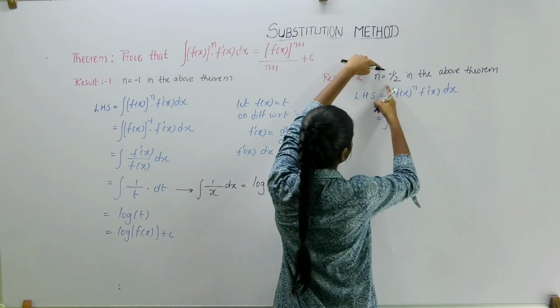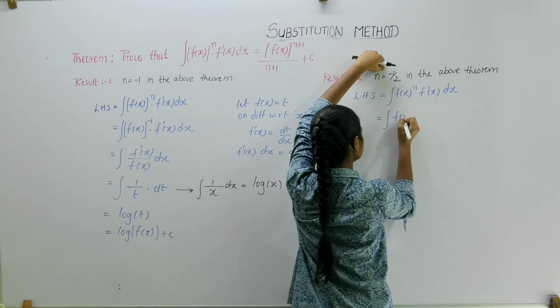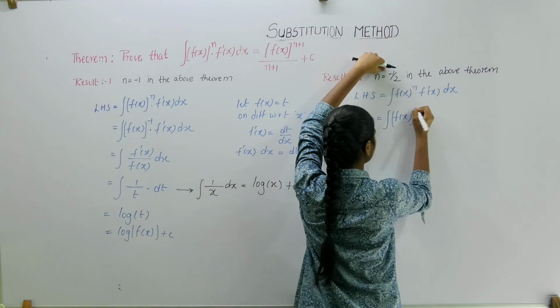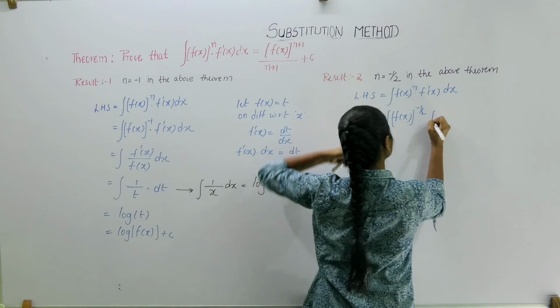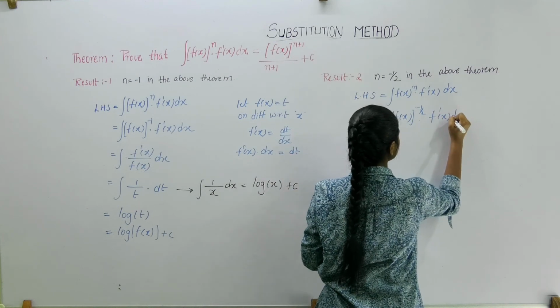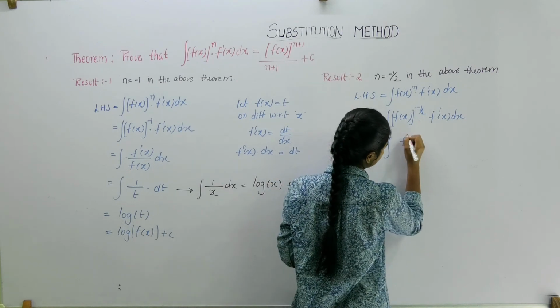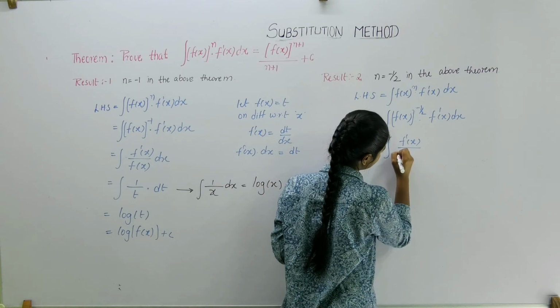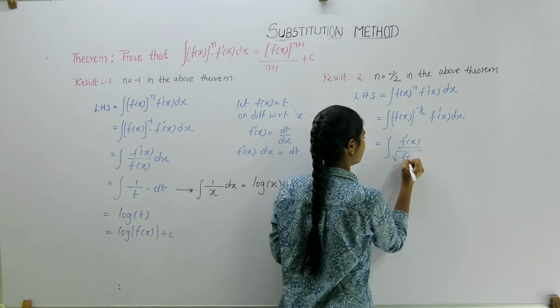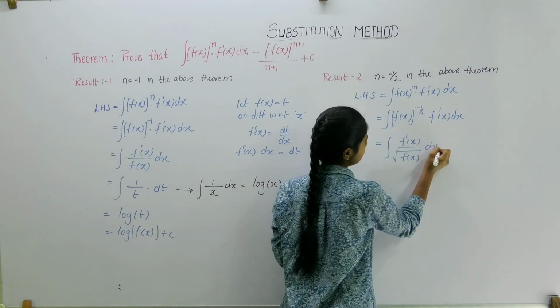Now if we put n is equals to minus 1 by 2, f of x whole power minus 1 by 2 into f dash of x dx, is equals to integral f dash of x by denominator becomes root of f of x dx.